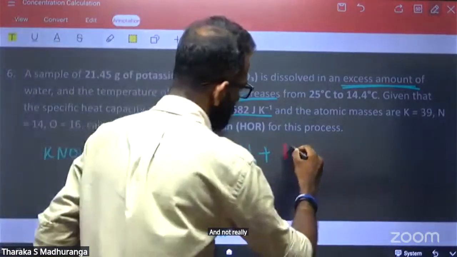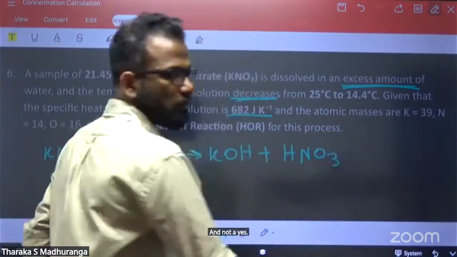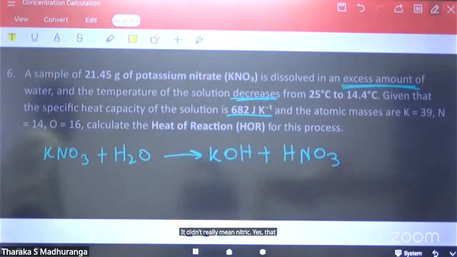HNO3 means nitric acid. Yes, that is the equation. Okay, now you can start.